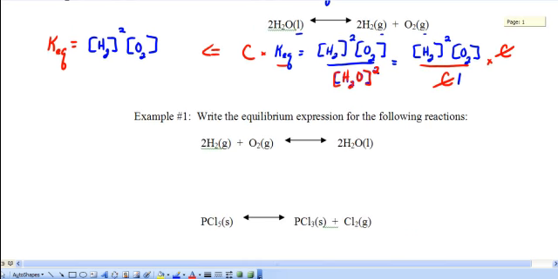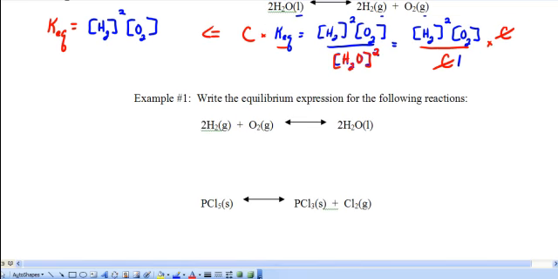So let's go ahead and try this down here. Let's reverse the reaction now, where you have hydrogen and oxygen forming water. KEQ is going to equal this raised to its coefficients power, but it's a liquid, so we're just going to call that 1 divided by the hydrogen squared times the oxygen, both in the denominator there. All right.